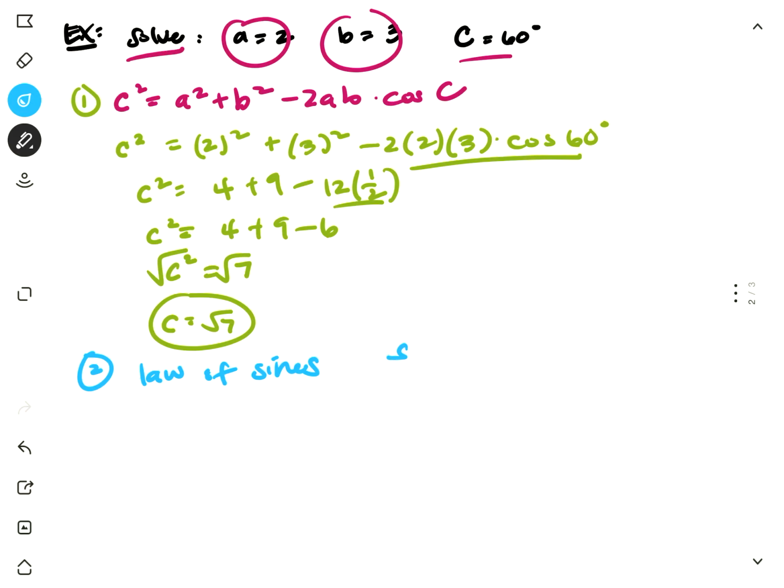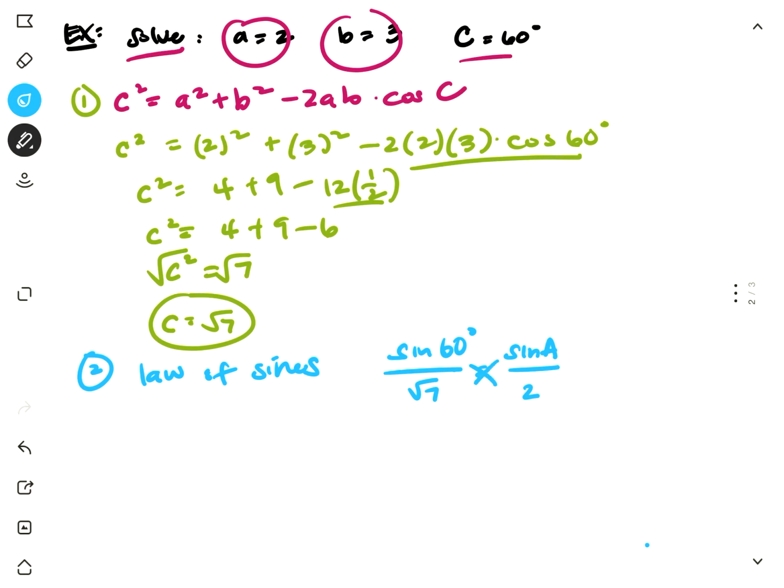So we're going to say sine of 60 degrees over square root 7 is going to be equal to, and we can find either one in this case, let's start with A because it works alphabetically, sine A over little a, which is 2. Let's go ahead and solve this.